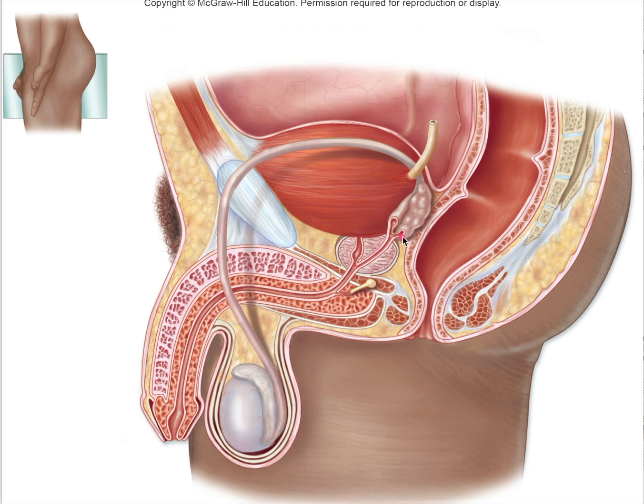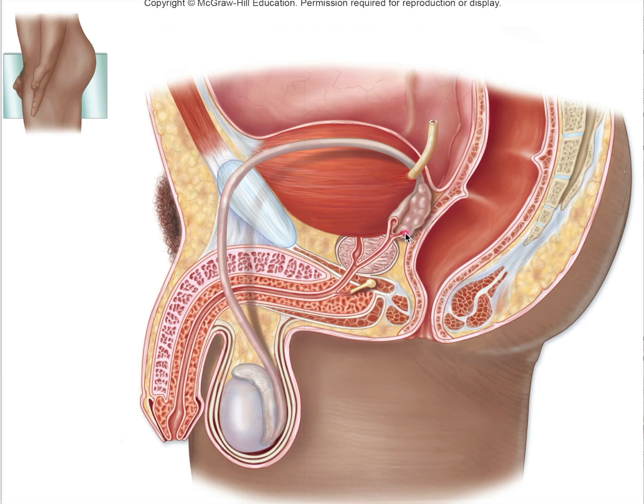So the seminal vesicles are going to add in components to help the sperm live, because the female reproductive environment is very hostile to sperm. The sperm have to travel a long way to get to where they need to go, and the female reproductive system, the vagina and everything, is very acidic.